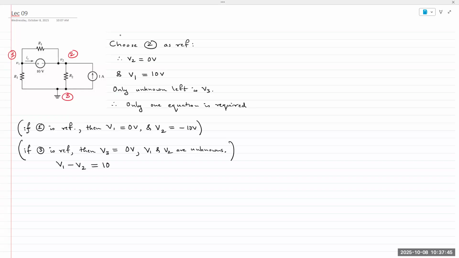And this is true for any voltage source. If you have a voltage source, positive terminal is always higher than negative terminal. You can write an equation saying that supply voltage Vs is equal to its positive terminal minus negative. So if it's a 20 volt supply, V1 minus V2 is 20. And that's an additional equation that we have. So this combined with the two equations we generate here, we would be able to solve that problem.